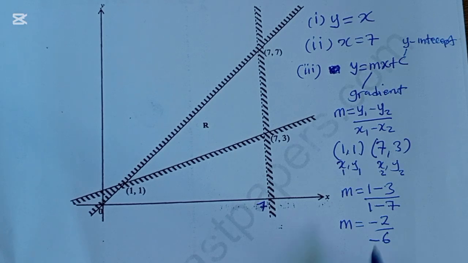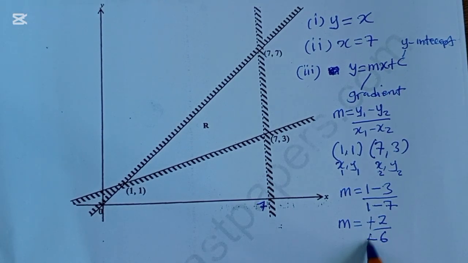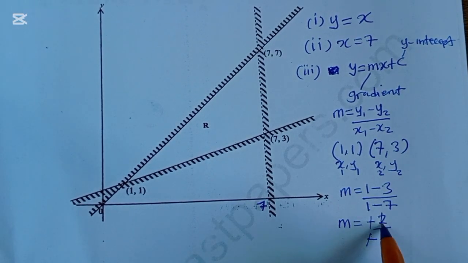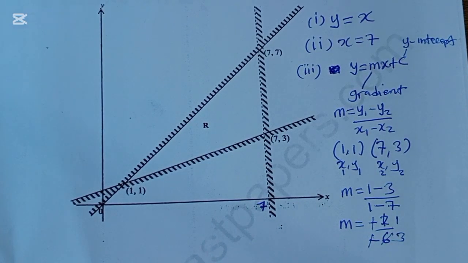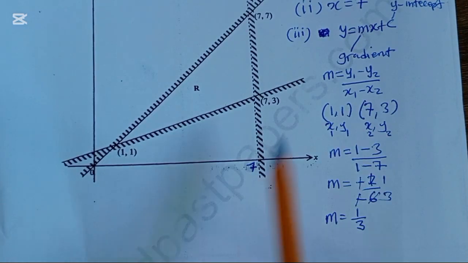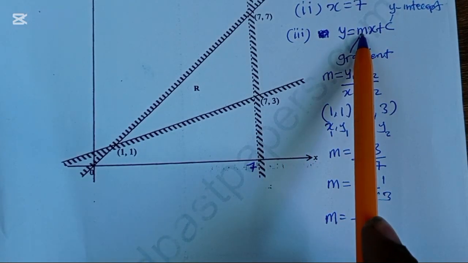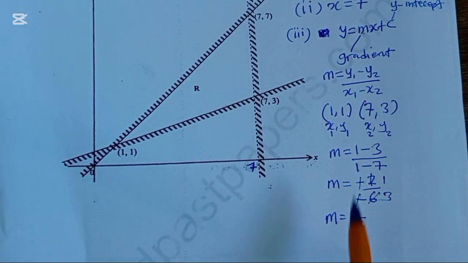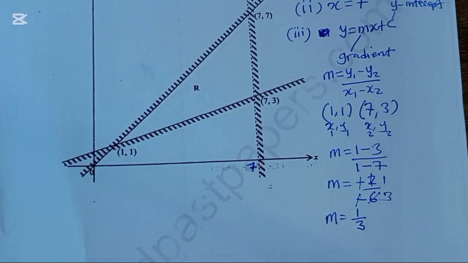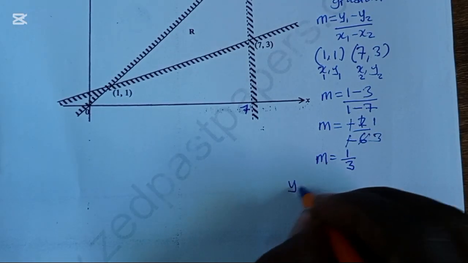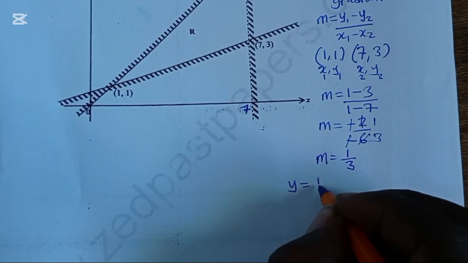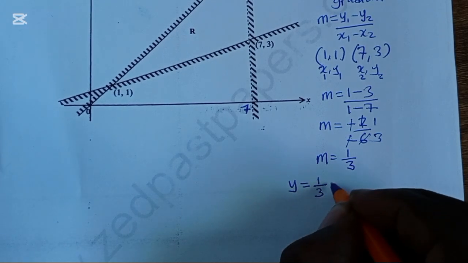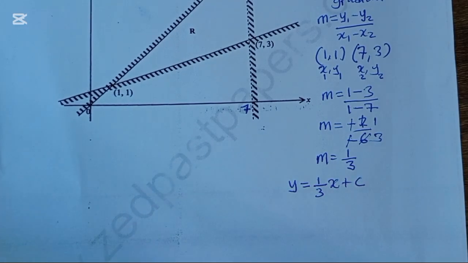So remember that negative and negative goes positive. 2 into 2, 1. 2 into 6, 3. So gradient is 1 over 3. From here now, where there is m in this equation, I'll substitute 1 over 3. So y is equal to 1 over 3x plus c.